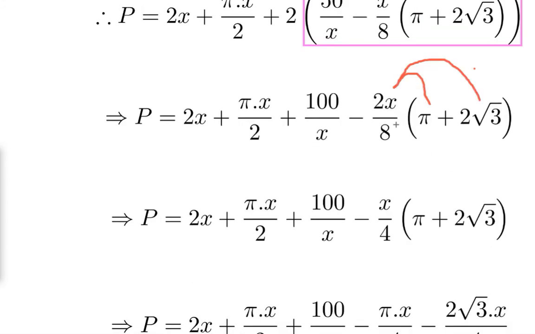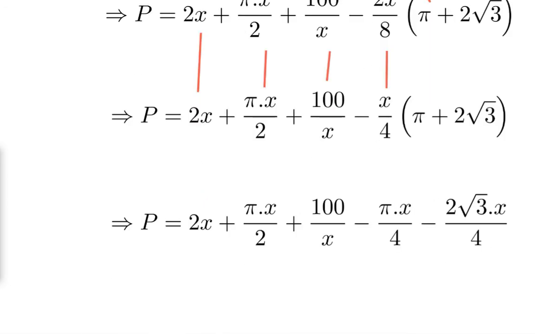Before I do that, you can see just where I've come from here. I've kept my 2x in that position. I've kept my pi x over 2. I've kept my 100 over x. But 2 divided by 8 is the same as 1 over 4. So I've simplified that before I multiply it out. And notice the multiplication out.